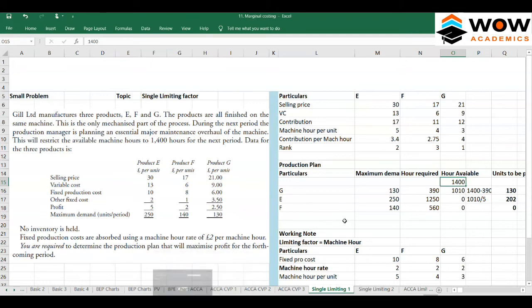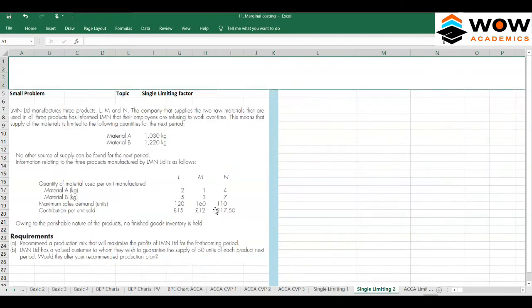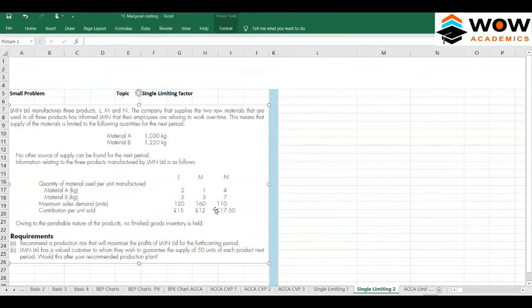So that's about this problem. We'll move on to the next problem. This next problem is also a limiting factor problem, and we'll work it out and see how the answer works out.